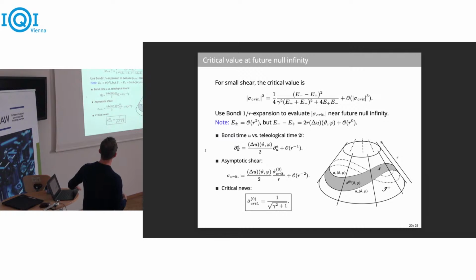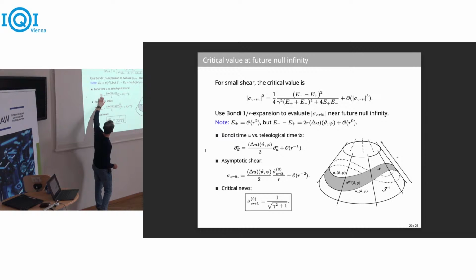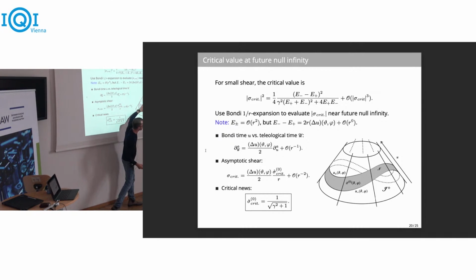What one needs to do is to find the relationship between the time variable that we introduced intrinsically on the null surface boundary and the asymptotic Bondi time coordinate that we know well from classical relativity. And delta U measures then the duration of the pulse with respect to Bondi time, because with respect to the time variable that we introduced, this has just duration 2.